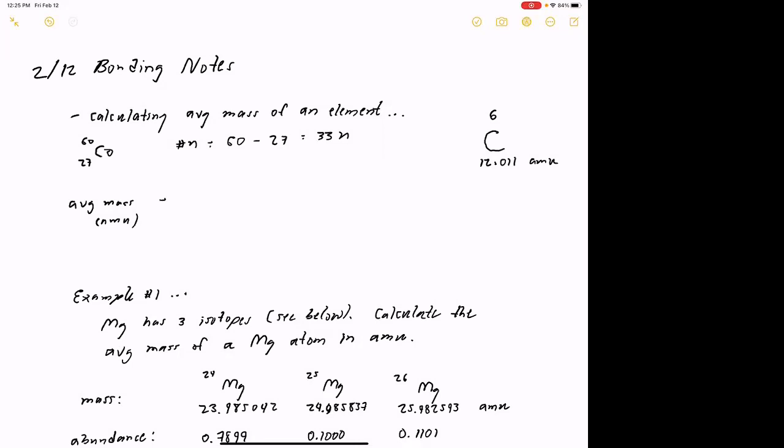Now, here's how we do it. The average mass turns out to be the summation. That's a summation sign. If you see something that looks like that, it tells me that I'm going to have to sum a bunch of stuff together. So I'm going to take the sum of this quantity: the fractional abundance of the isotope times the isotope mass.